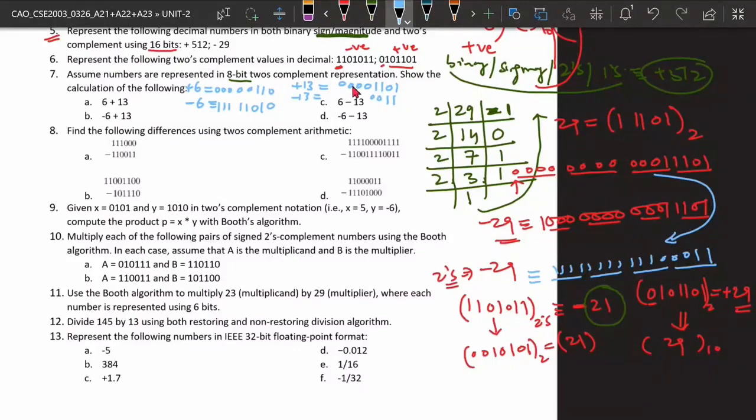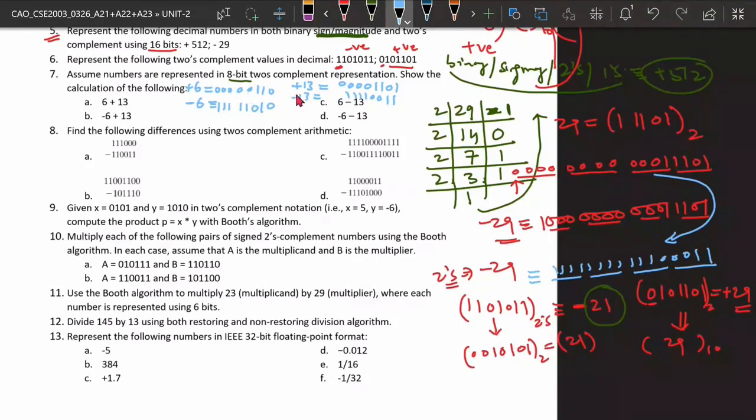Now, once we have converted all the numbers, we need to do the 6 plus 13. We will be adding 6 and then 13 directly. Once we add it, we will get the result.